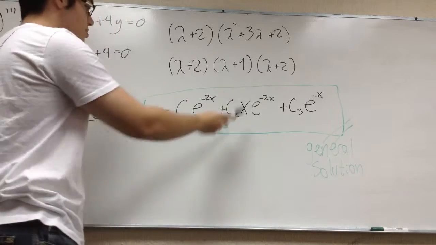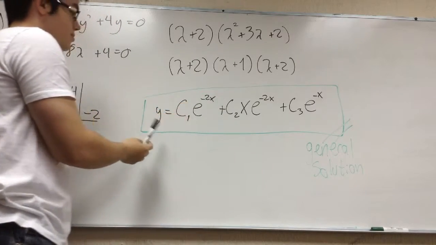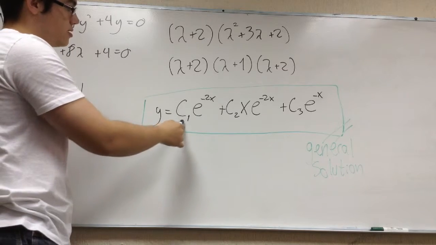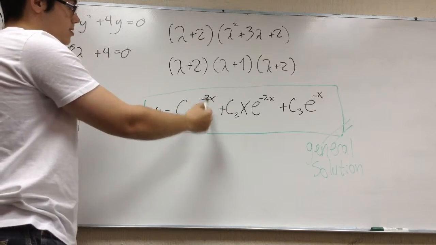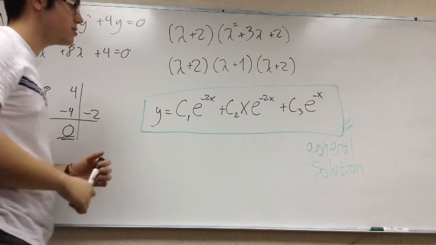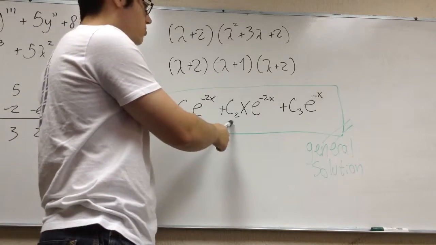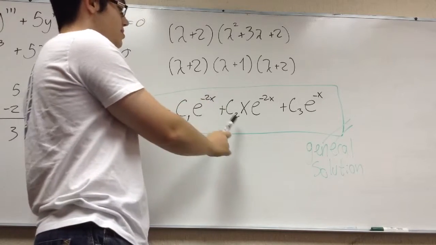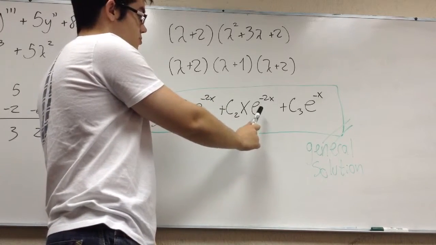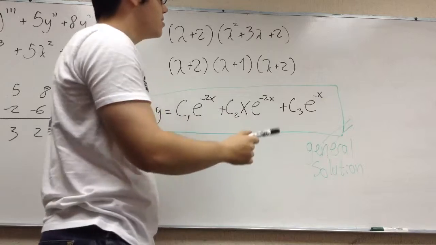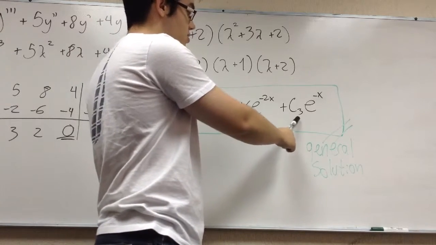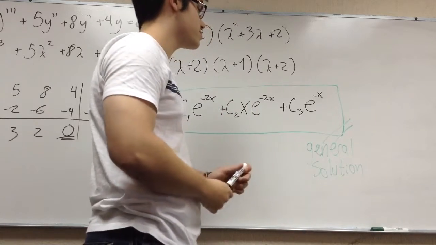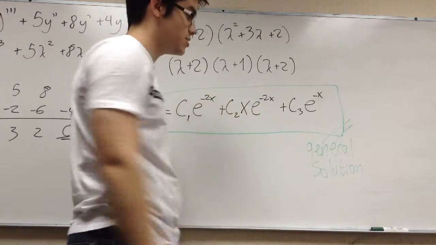So using this case, we found that the general solution is y equals c1 times e to the power of minus 2x plus c2 times x, so as not to repeat this, times e to the power of minus 2x again, plus c3 times e to the power of minus x. That's our general solution.